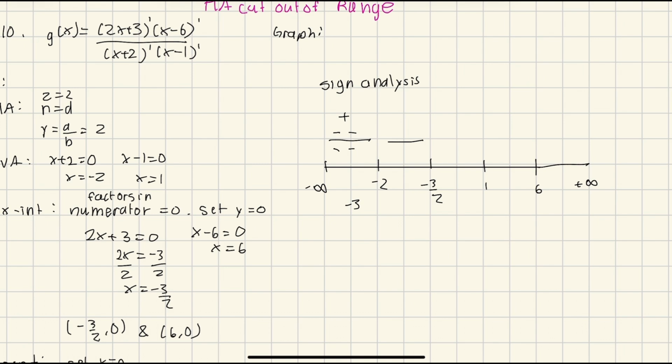But negative 1 is not in that interval. Oh, let's use negative 1.75. You can imagine that. So that's going to be negative, negative, positive, negative. So the result from that is going to be negative.